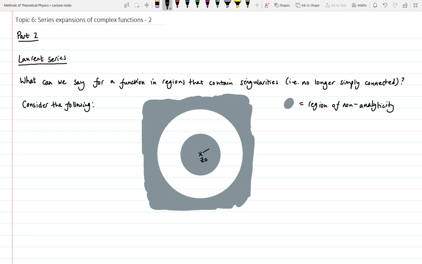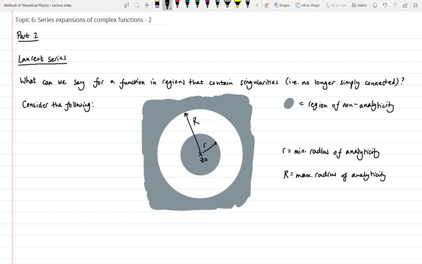I'm going to give the radius of this inner circle as r, and the radius of this outer circle as capital R. I'll write this down, that little r is the minimum radius of analyticity, and capital R is the maximum radius of analyticity. Our function is only analytic in the white region, the white ring.